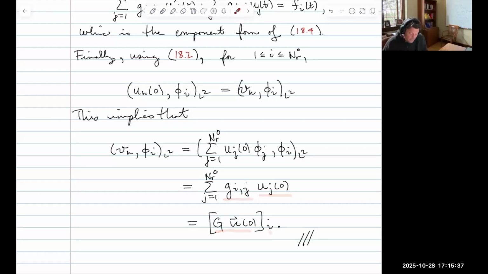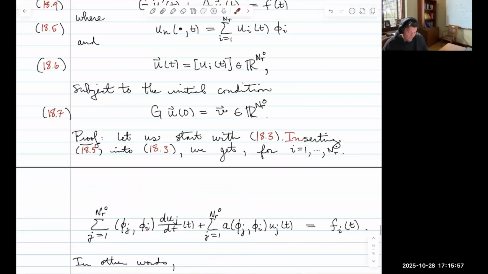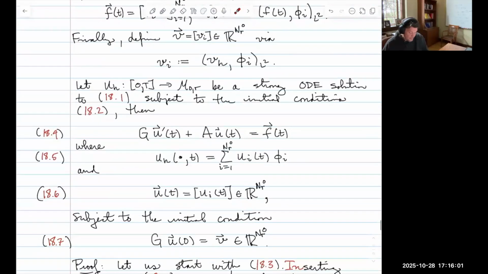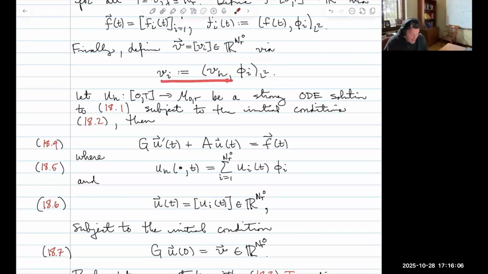Okay, and now in total, this is just the ith component of that matrix vector multiplication. And so now what we've shown is that this is equal to the components over here. Is that exactly what we wanted to show? And it is, right? Because this v_i is defined in this way.